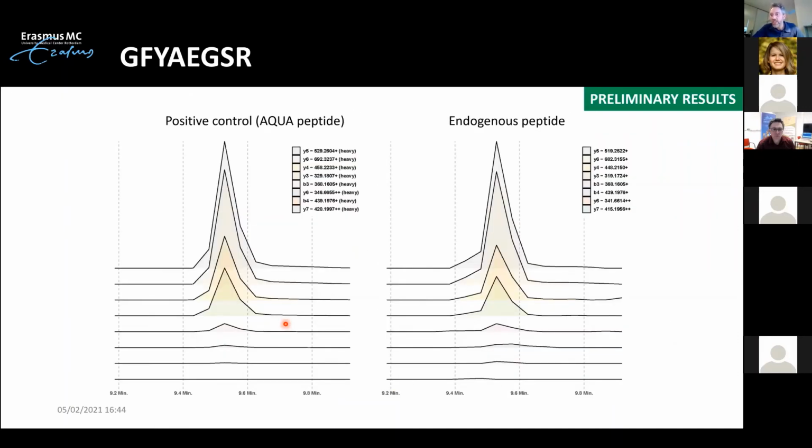Since some fragment ion signals are really low, we check all of the fragment ion chromatograms in the Skyline output manually as well, by comparing the patterns of the aqua peptides with those of the endogenous peptides. And both the relative intensities and the retention times should fit.